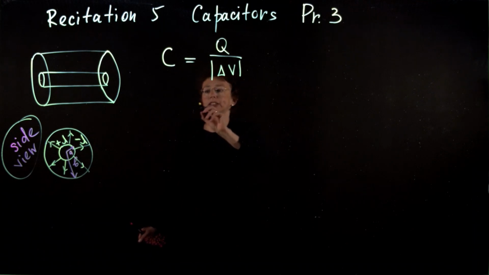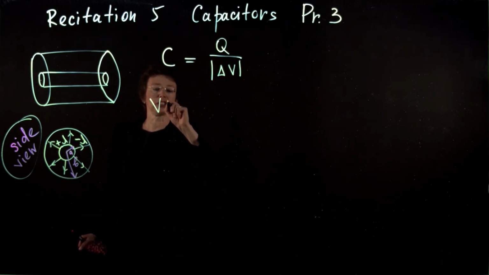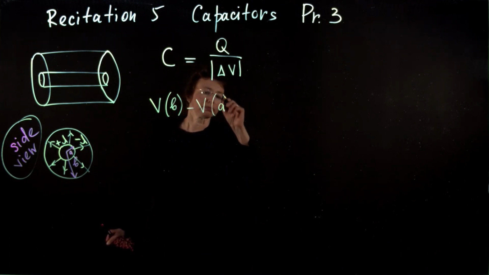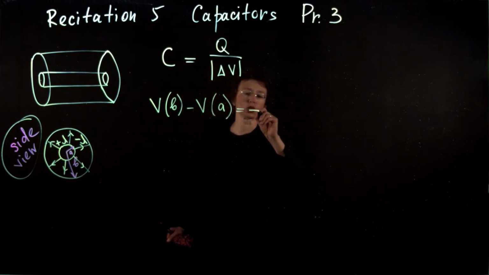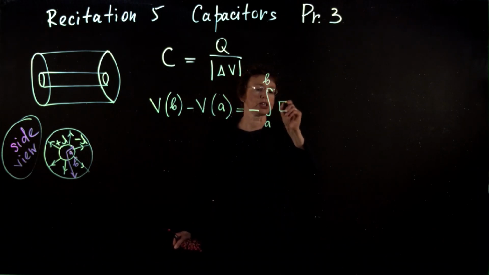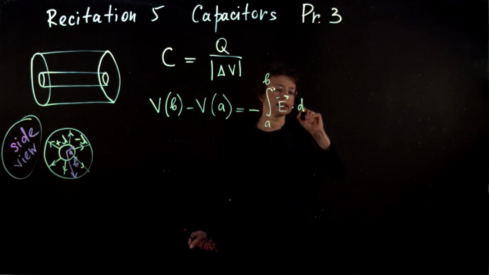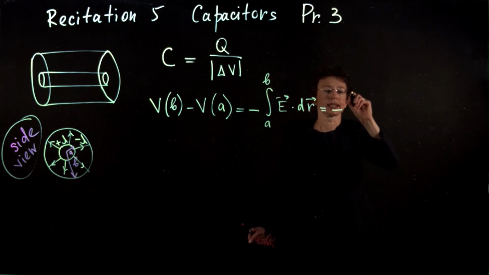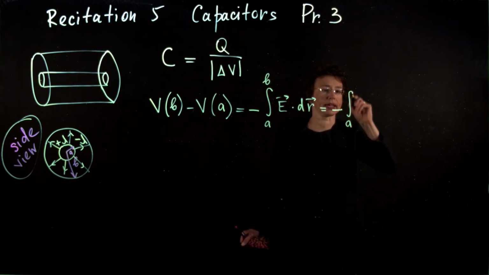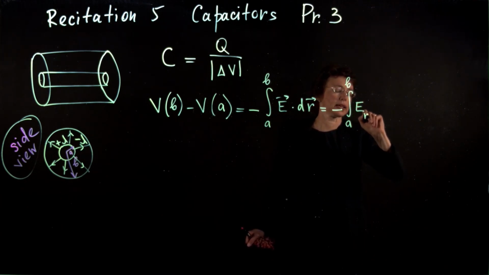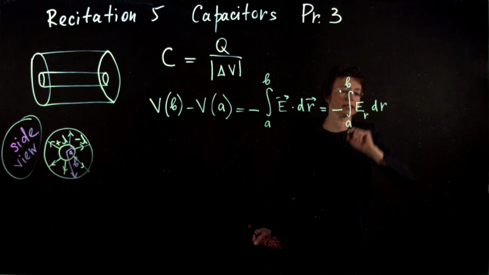Now I need delta V, which means that I need V at B minus V at A. This is equal to minus integral from A to B E dot dr, minus integral from A to B E_r dr, because the electric field is in radial direction.